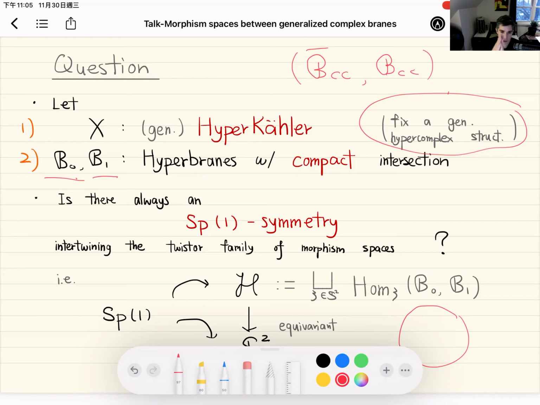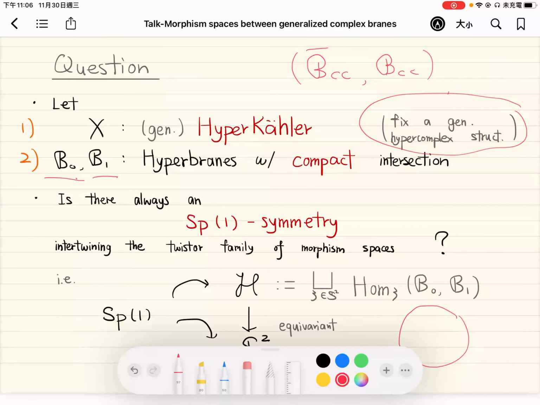So this bundle over S2 is giving you a bunch of different cohomologies with respect to different polarizations. And what you would like is for there to be, I mean, you would expect that all of these cohomologies coincide with a single space in some sense.